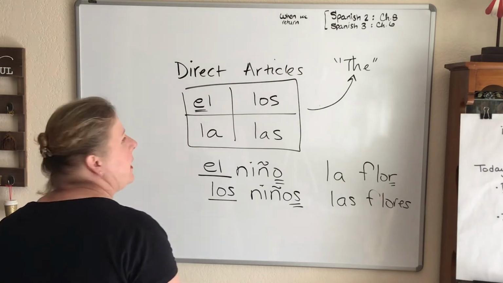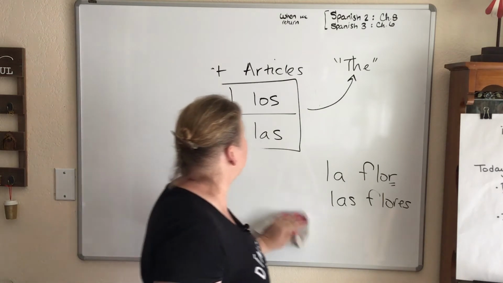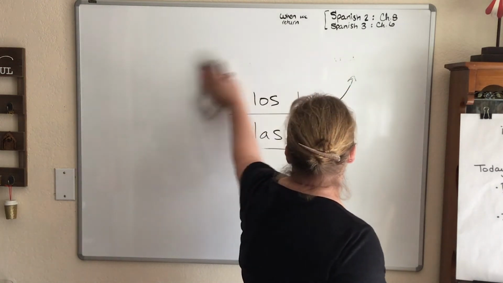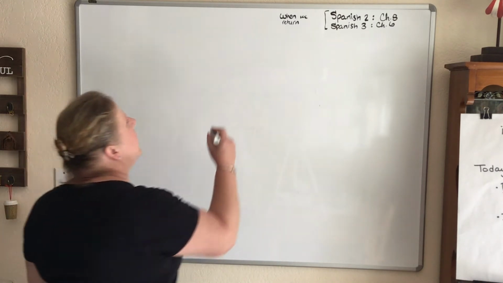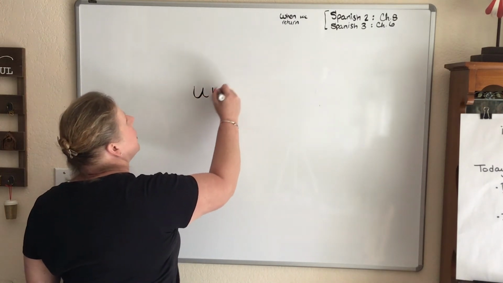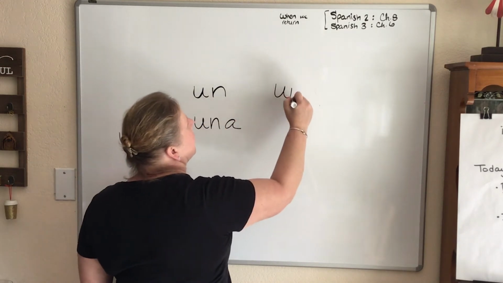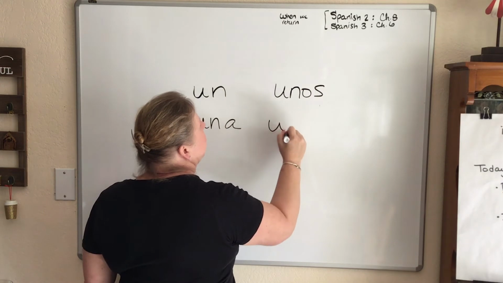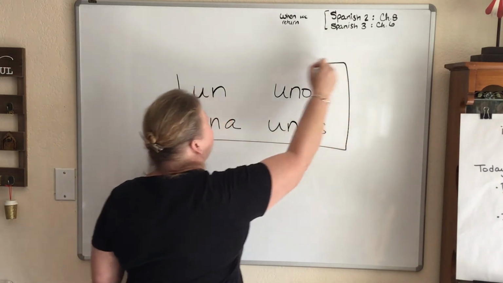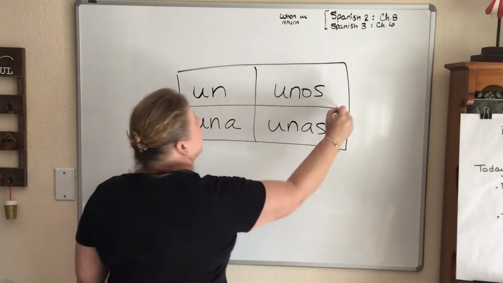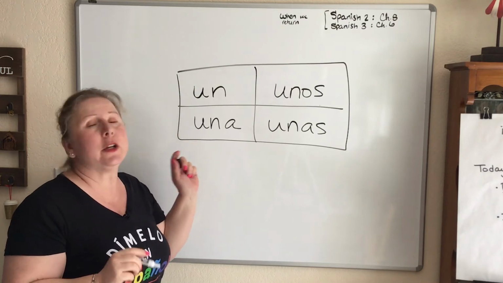Now, the flip side of that are our indirect articles. So let's take a look at those. Our indirect articles are un, una, unos, and unas. All right, these are our indirects. Okay, notice here, it's not uno, it's un.